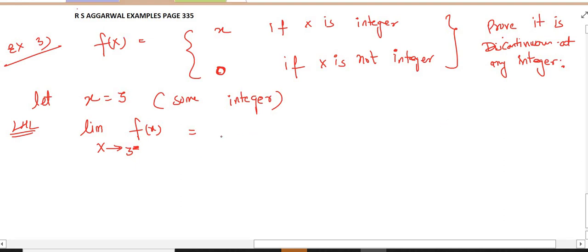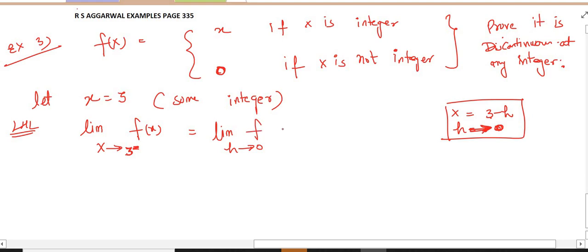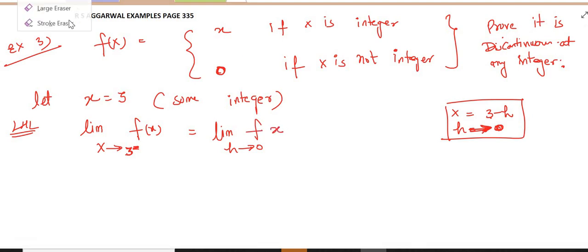In the h method, we replace x by 3 minus h and we say h is tending to 0. Whatever is the number at which we have to find the limit, that number minus h, where h is a very tiny number, that's why we say it is tending to 0. So limit as h tends to 0 of f(3 minus h).